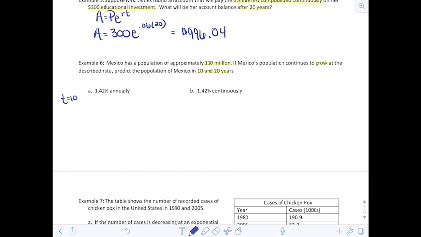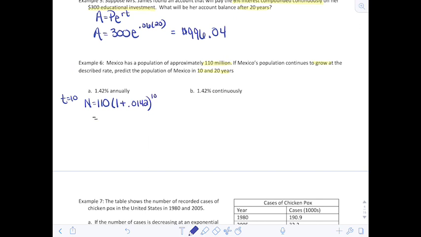Okay, so I have n equal to an initial amount of 110 million, 1 plus 1.42% as a decimal, which is 0.0142, raised to the 10th power.